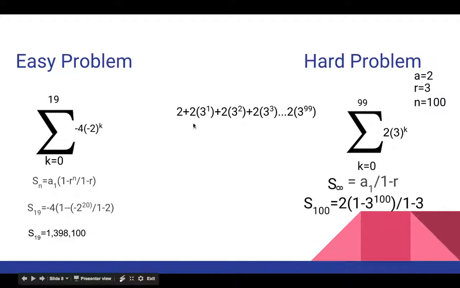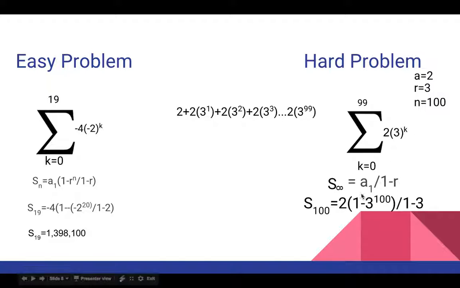And so this right here is that, so there's 99 terms, right? Technically that is not true, because in this case there are 100 terms, okay? So we know that n is equal to 100, and we know that A1 is equal to 2, and then R is equal to 3.